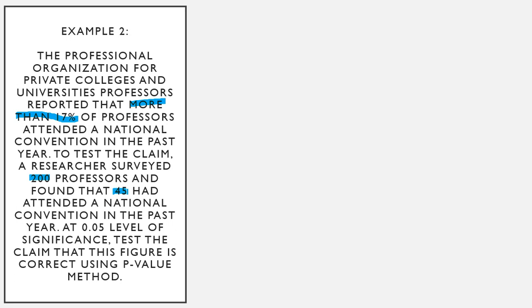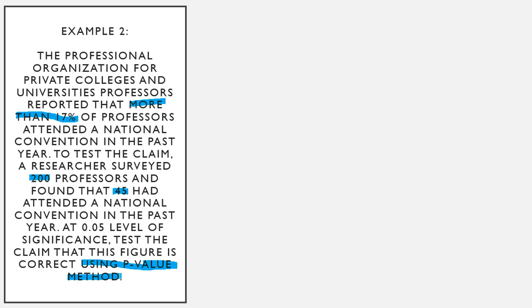At a level of significance 0.05, test the claim that this figure is correct using the p-value method. On example number one, we used the traditional method. Here in example number two, let's try the p-value method.